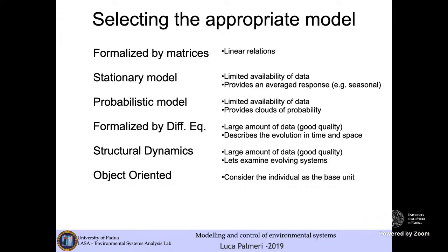Then you should ask yourself if you need to include structural dynamicity. Again, you need a large amount of data, typically of good quality, but this is a choice if you want to describe, for example, evolving systems, as I have introduced before. If you want to describe a system in which evolution may allow new species to come into play, then you are forced to employ a structural dynamic model, so to include a way of changing the structure of your model within the model itself.